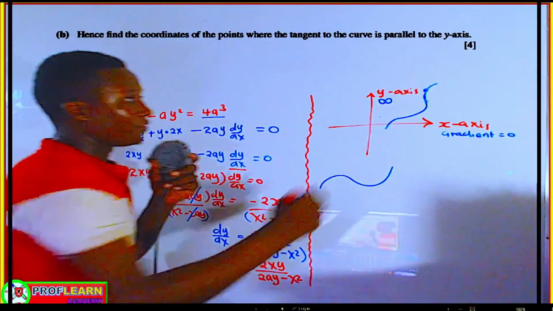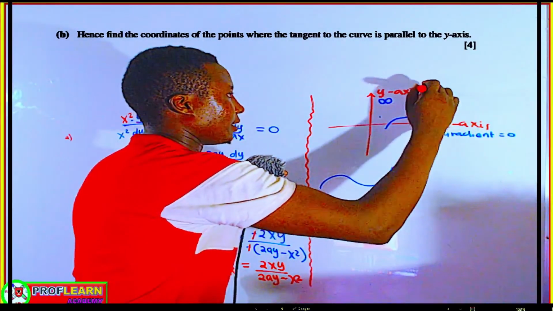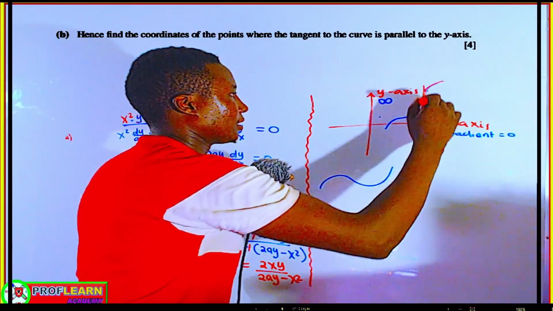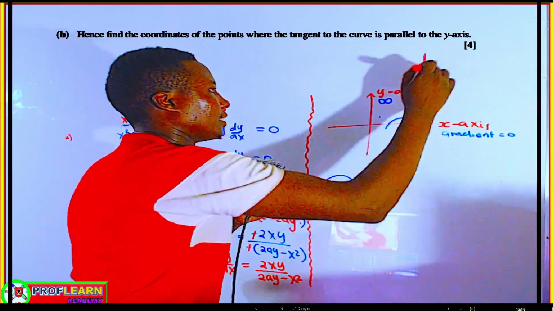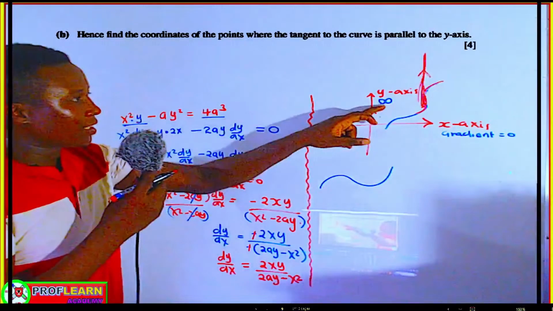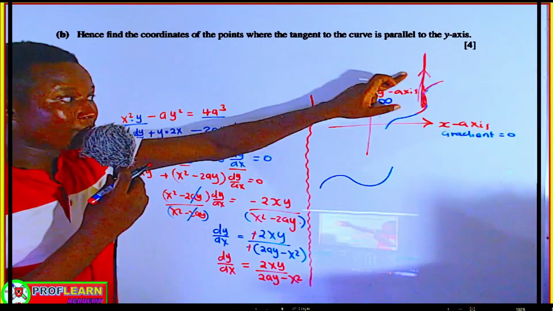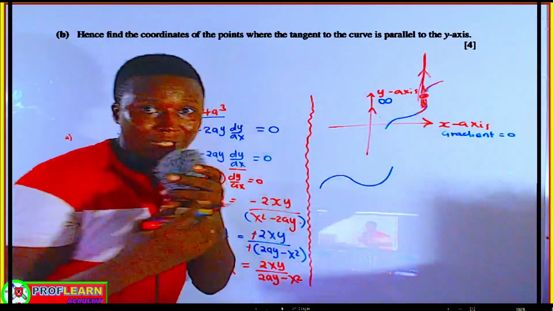If it's parallel to the y-axis, it means the tangent is like this. Our curve is like that, and the tangent to the curve is like that. It's parallel to this. So meaning if the gradient of the y-axis is infinity, the gradient of this tangent is also infinity, then the gradient of the tangent and the curve are usually equal.